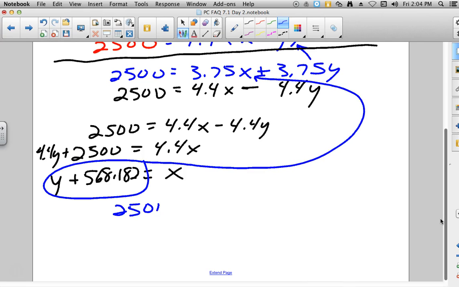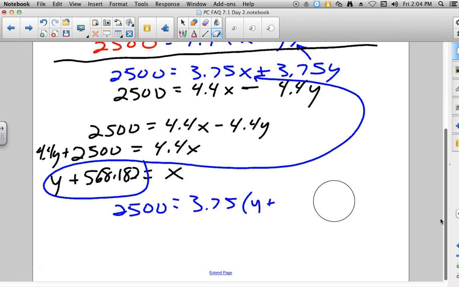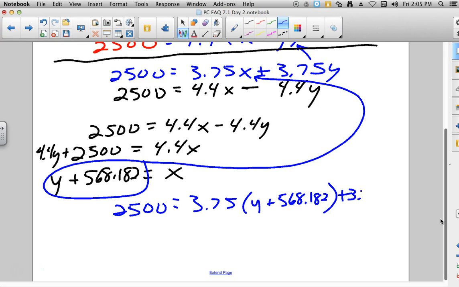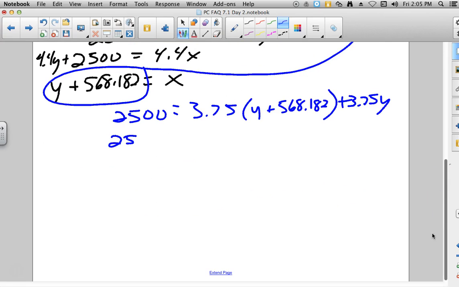So 2,500 equals 3.75 times y plus 568.182 plus 3.75y. So 2,500 equals 3.75y plus, and yeah, we'll do a little bit of rounding here to 3 decimal places, but it is still in the calculator.